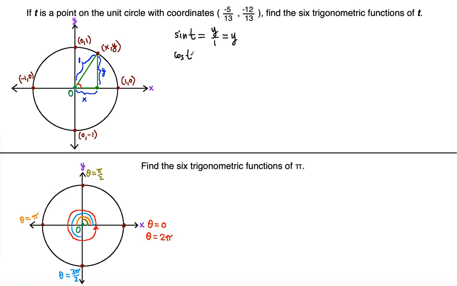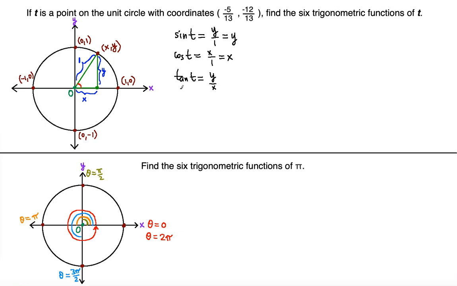Cosine of t is going to be the adjacent side of this angle t divided by the hypotenuse, so x divided by 1, which is essentially x. Tangent of t is going to be the opposite side, y, divided by the adjacent side, x, so y divided by x. That doesn't simplify.